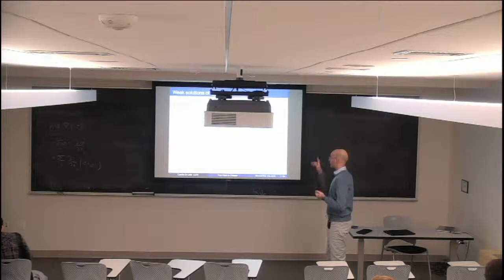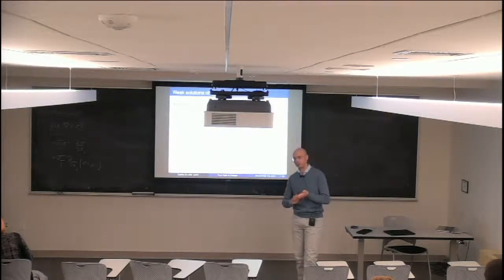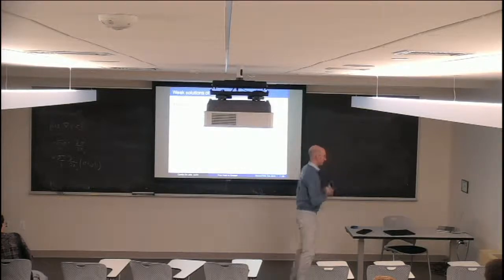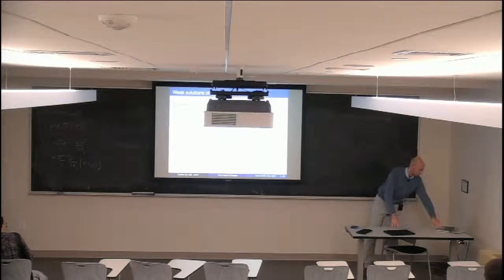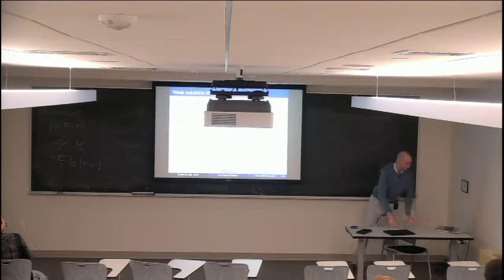So if you look at these equations, they make perfectly good sense if, for instance, the velocity and the pressure are continuous. Now, P is determined only up to a constant, because the integral of the unit normal is equal to 0.